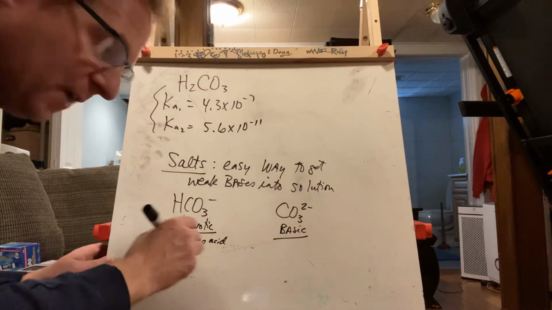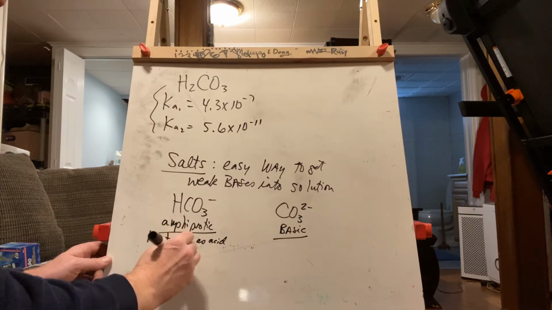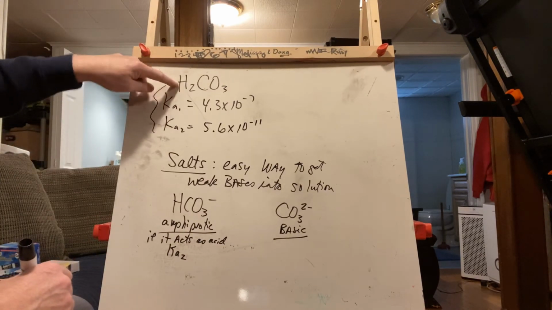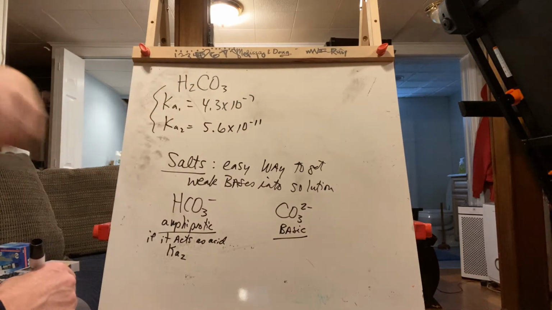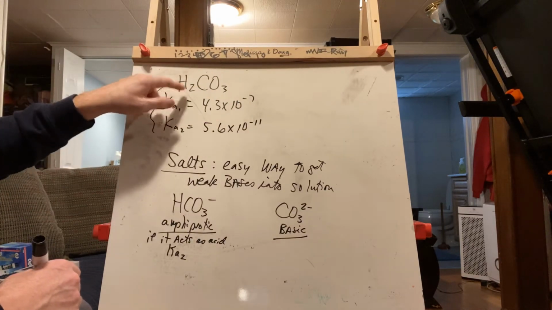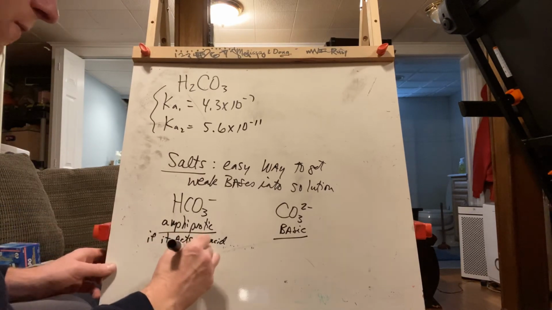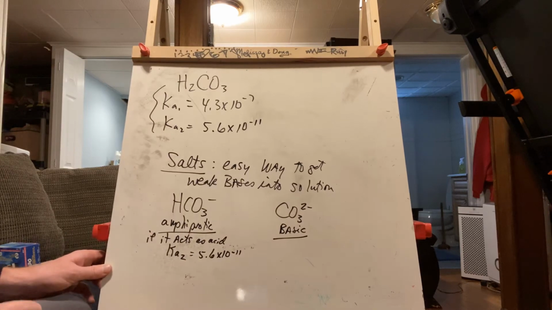Okay, if it acts as an acid, it's going to take the Ka2, because the Ka1 is going to be H2CO3 dissociating. The 4.3 times 10 to the negative 7th is the one for H2CO3. If it acts as an acid, I'm going to use Ka2, which is 5.6 times 10 to the negative 11th.